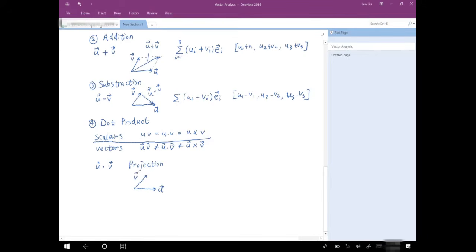Then the product of u and v is just the projection of v on u, or the projection of u on v. In this case, let's say this is the projection of v on the direction of u, right? So this needs to be a right angle. And here is u dot v. It's a projection. That means it's a scalar.